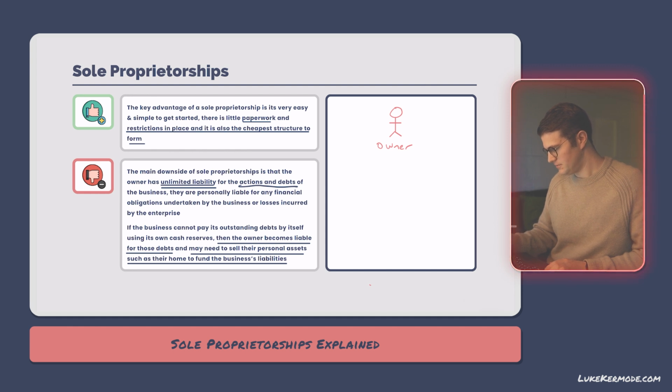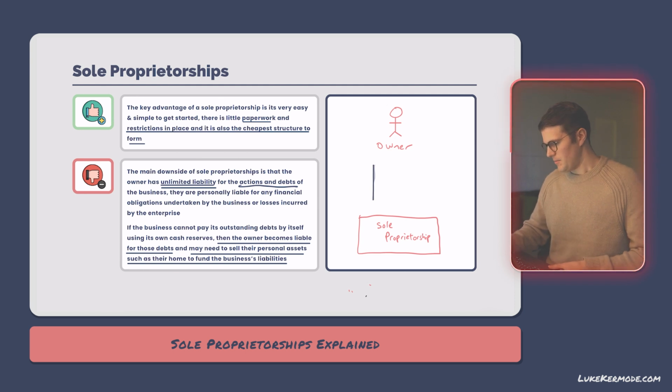And then you have the business, the sole proprietorship. By setting up the business, the owner has 100% control and ownership rights over it, but they also provide unlimited liability to the enterprise.